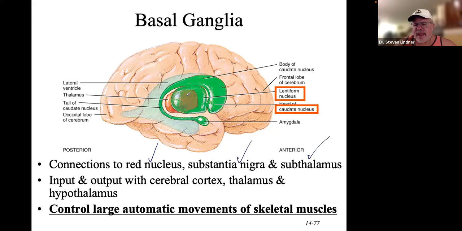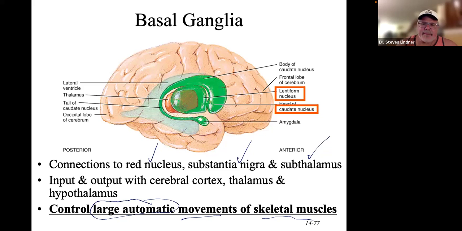But what the basal ganglia is primarily known for, like its claim to fame, is dealing with large automatic movements of your skeletal muscles. So, if you slip or lose your balance somewhere, you know how your arm flings out and your left leg, your body moves automatically to try and restore balance. That's what the basal ganglia does. It's involved in what's called the righting reflex, to right and balance yourself.